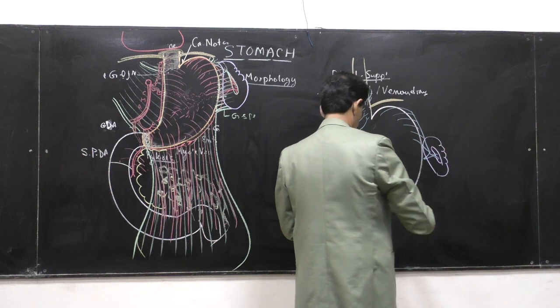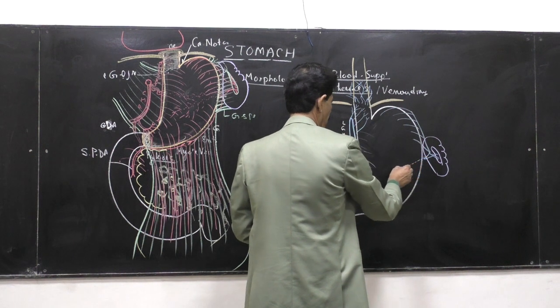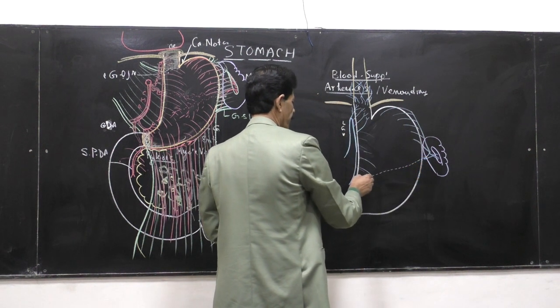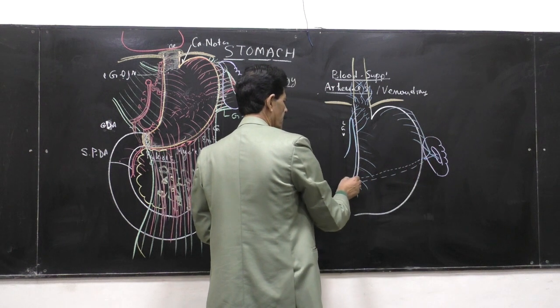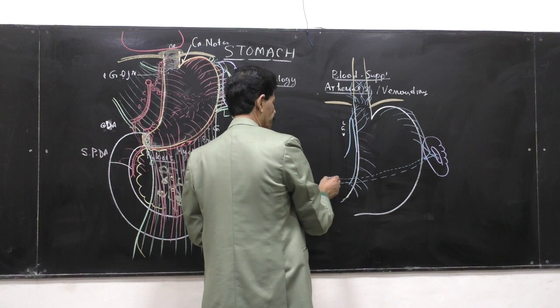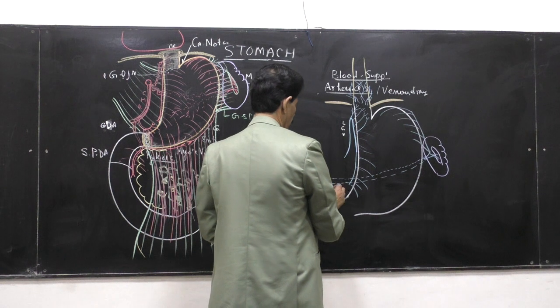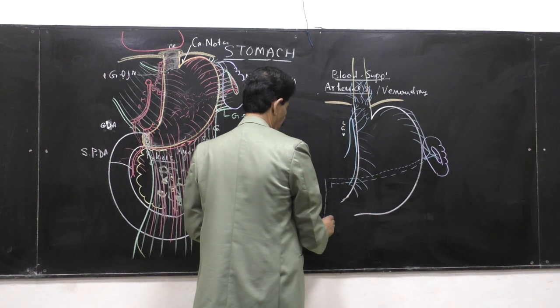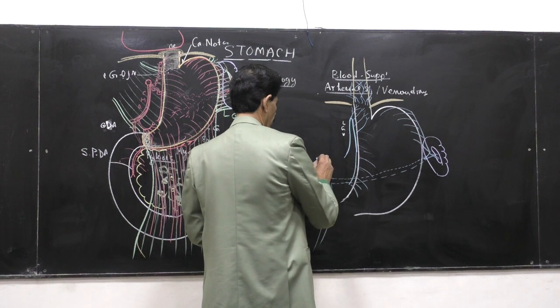And this splenic vein then runs behind the stomach bed, behind the pancreas, and this splenic vein ultimately meets with the superior mesenteric vein to form what is called the portal vein.